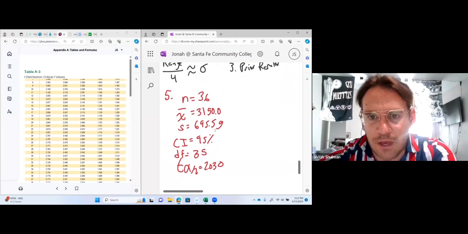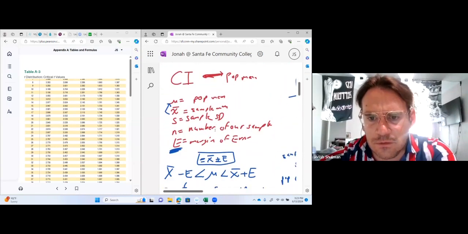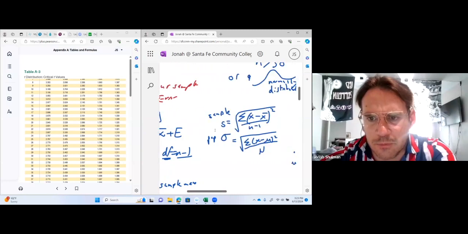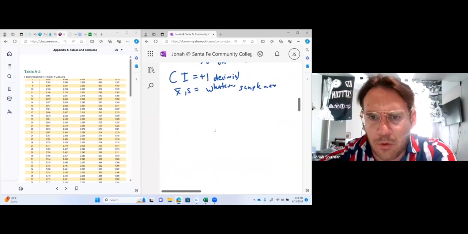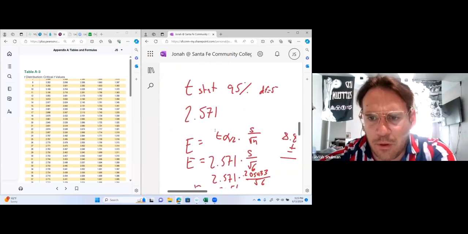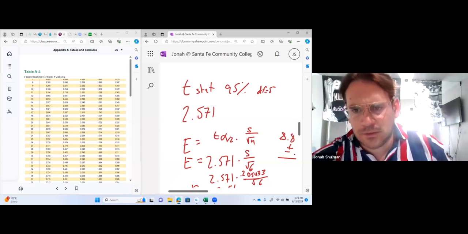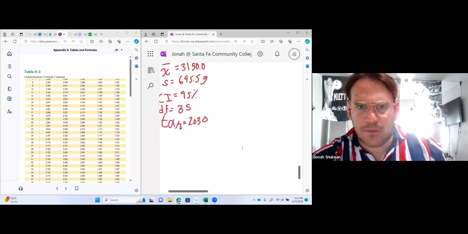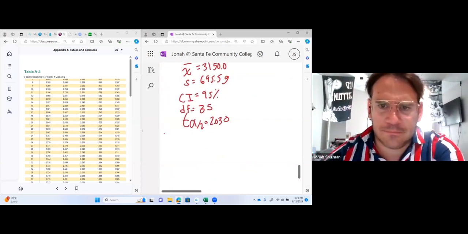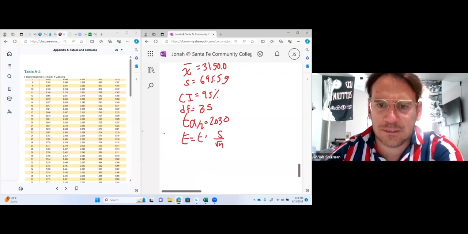But we don't have that value, so we just have to get the error first, which is s over square root of n, and we're going to do the t statistic times that.